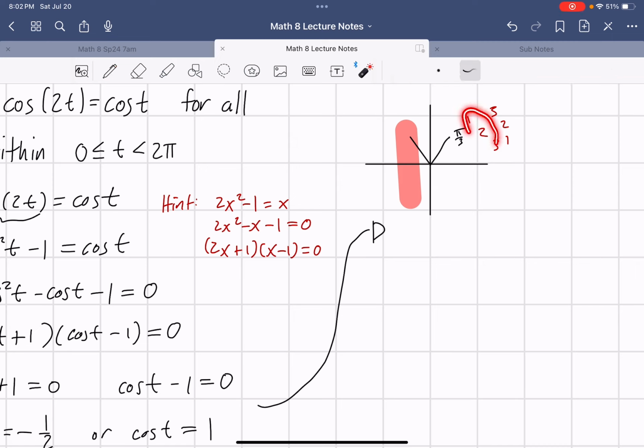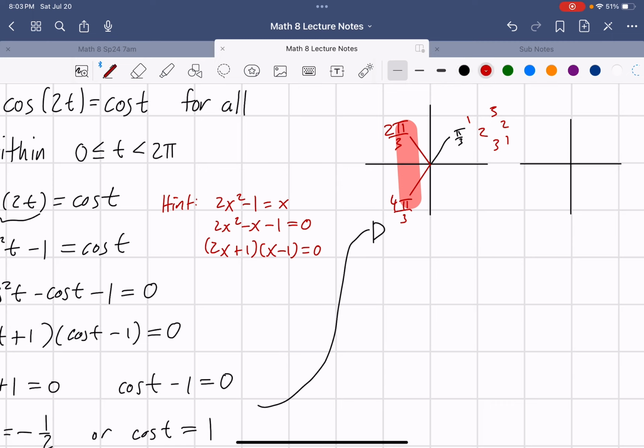Cosine pertains to the x, so 1 is my 1/2 I'm looking for, and that happens here on this end and happens down here. This is my 2 pi over 3. Let's not forget 1, 2, 3, one more. This is my 4 pi over 3. And if I make another cross here, I'm trying to find when cosine is 1.